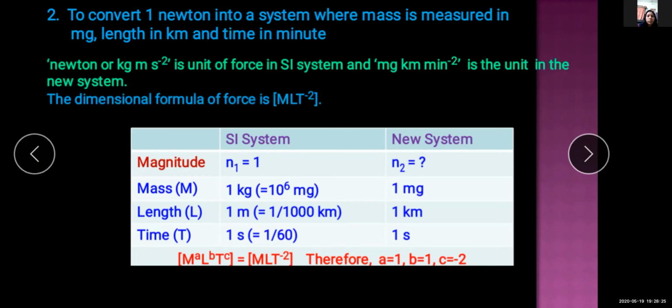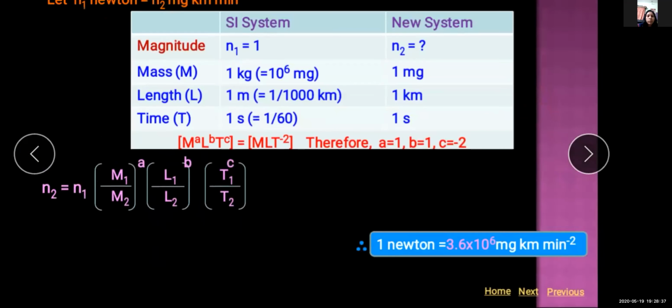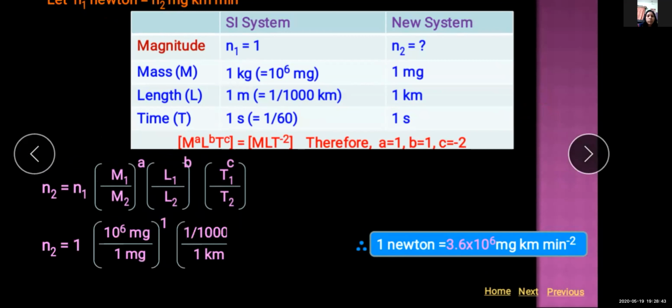So the dimensional formula of force is MLT minus 2, as I told you. Here N1 Newton equal to N2 milligram kilometer per minute square. Use this formula: N2 equal to N1 into M1 upon M2 raised to a, L1 upon L2 raised to b, T1 upon T2 raised to c.